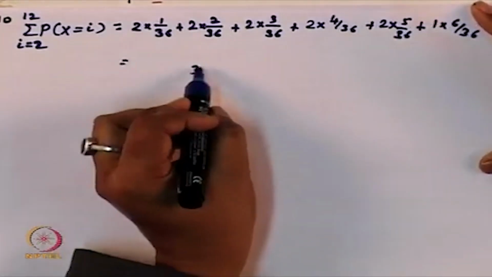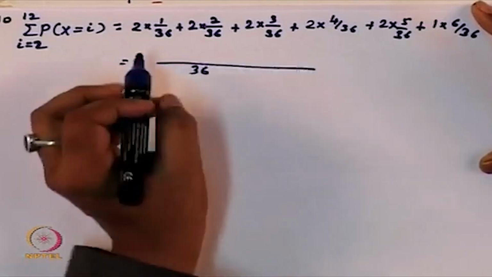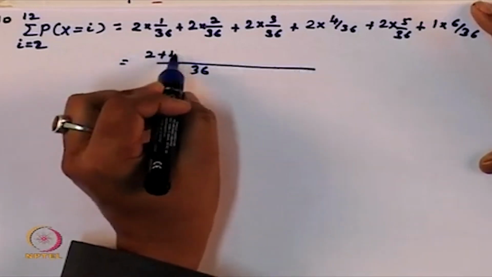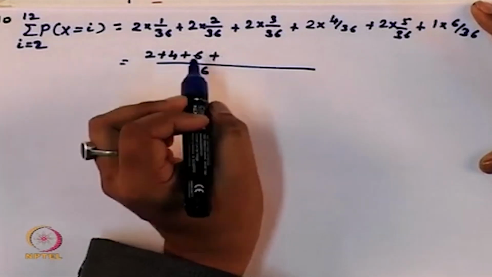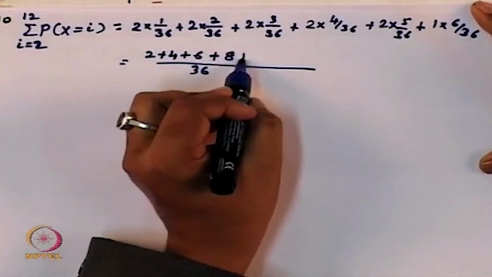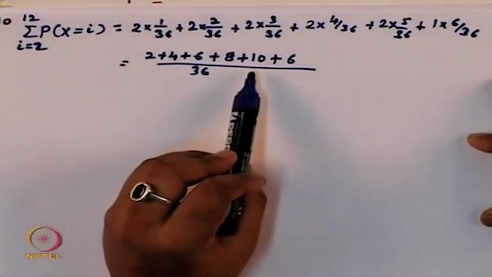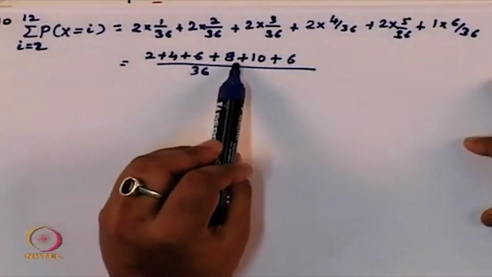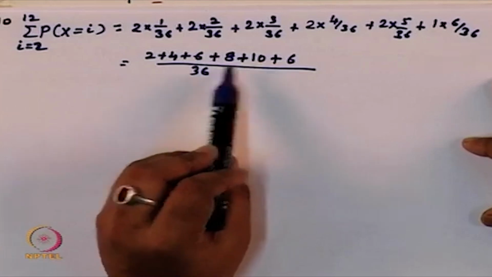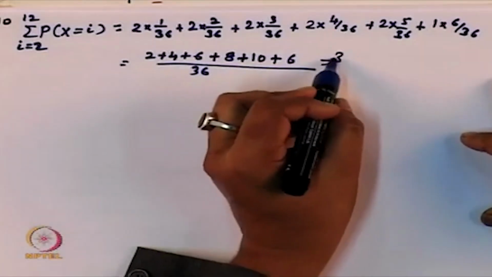Okay. If I make the 36 common, I have 2 plus 4 plus 6 plus 8 plus 10 plus 6. I have 6 plus 6 is 12, and 8 is 20, 30, 36.